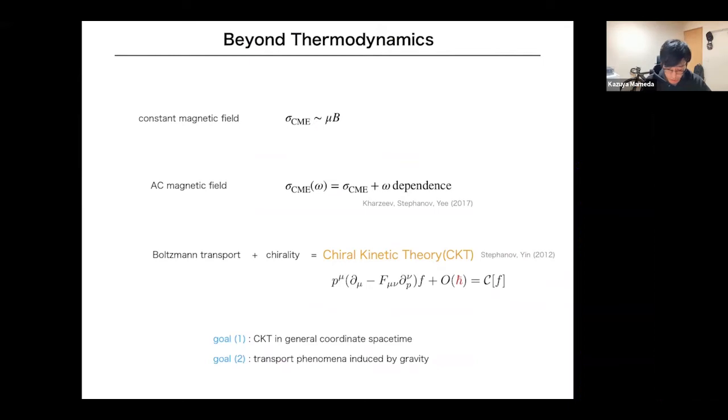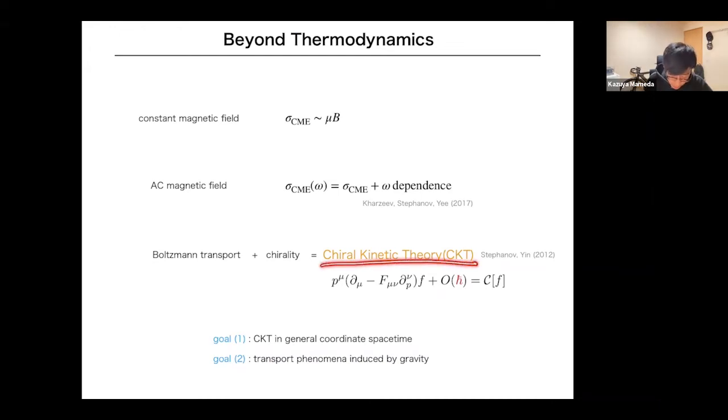Okay, and then one of the most promising theoretical tools of the transport phenomena is so-called chiral kinetic theory.